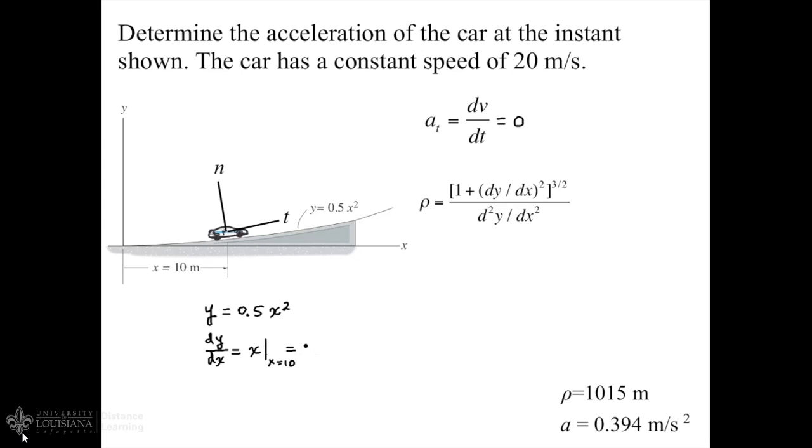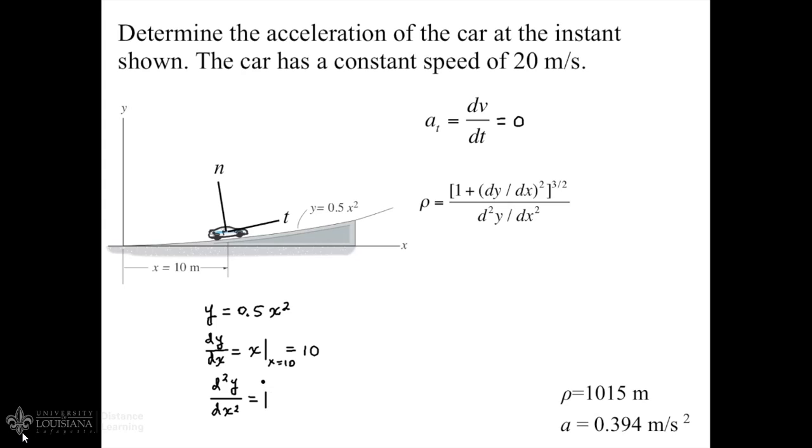We get an answer of 10. Finally, we have to find d squared y over dx squared. And to get that, of course, we have an answer of 1.